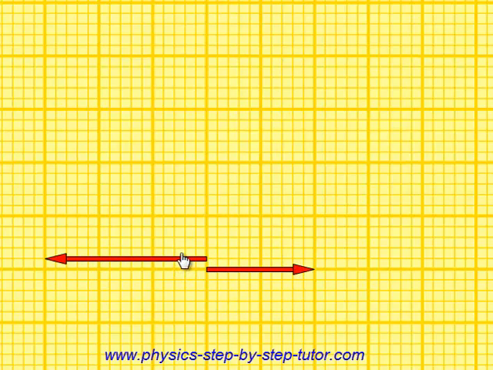I have two forces acting on a body here, but the two forces are acting in opposite directions. And these two forces have got different magnitudes. One has a magnitude of 10 newtons, the other one a magnitude of 15 newtons.